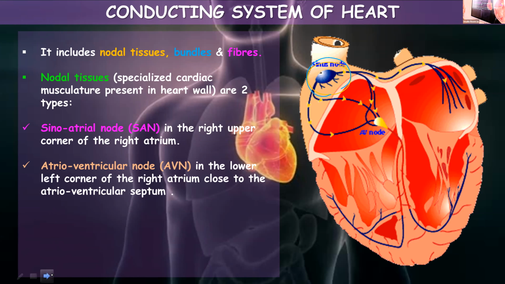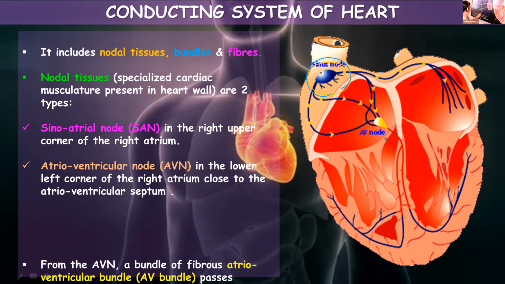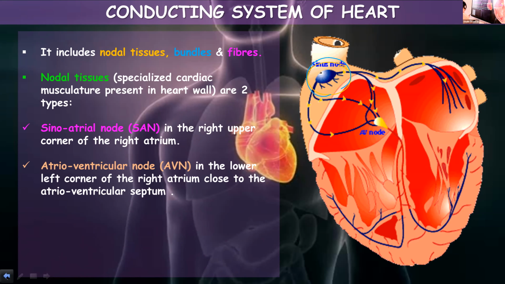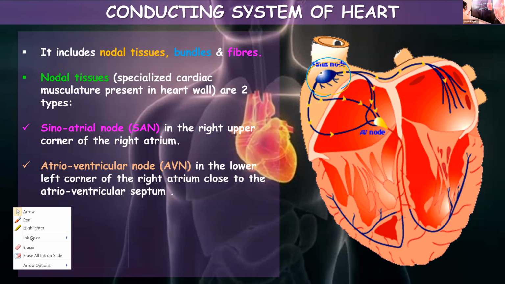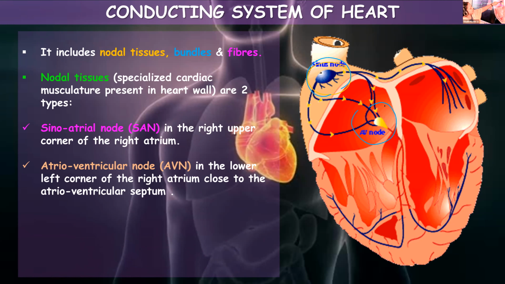One is on the upper right corner, the other on the lower left corner. Two nodes are present. The first is SAN, the second AVN. SAN means sinoatrial node and AVN means atrioventricular node.